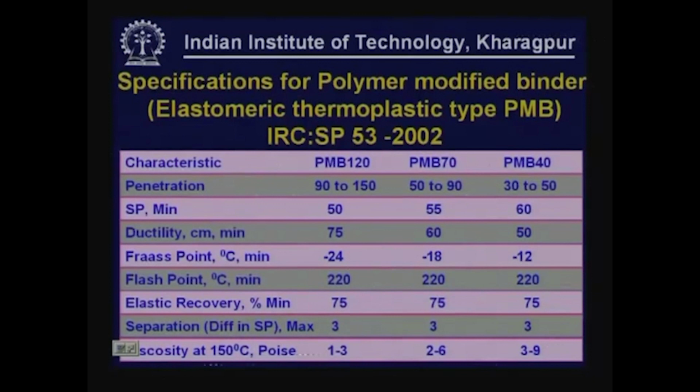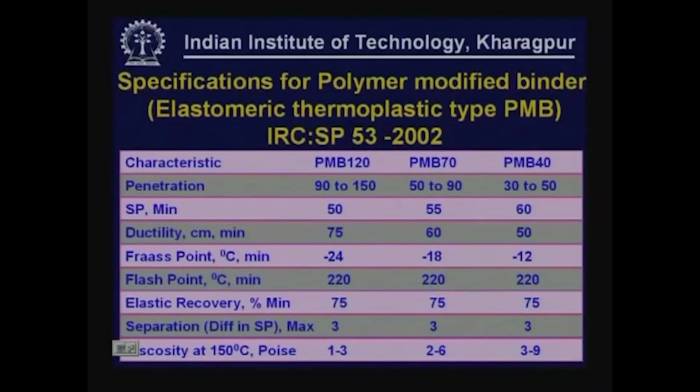The minimum value specified for this is about 75, and there is a separation test that is also conducted to find out how stable the mix is, whether there is a separation of the modifier from the bitumen. So, 2 different parts of the bitumen are collected, softening points are tested, and the difference should not be more than 3 degrees. How to conduct the separation test we will also briefly discuss subsequently. The viscosity of this modified binder, conducted at 150 degrees centigrade, should be in the range of 1 to 3 poise for PMB 120 binder and 3 to 9 for PMB 40 binder.